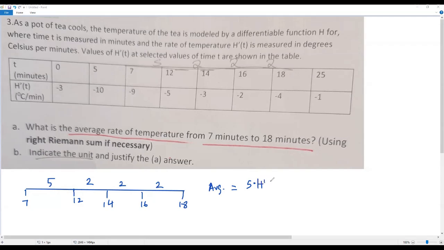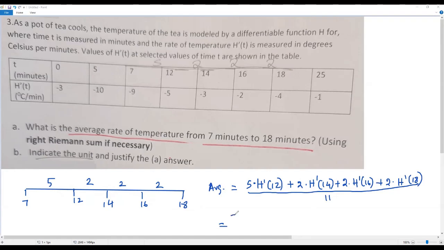Plus the width of the second interval, 2, times h prime of 14. Plus 2 times h prime of 16. Plus 2 times h prime of 18, all divided by the total time duration, 18 minus 7, which is 11.